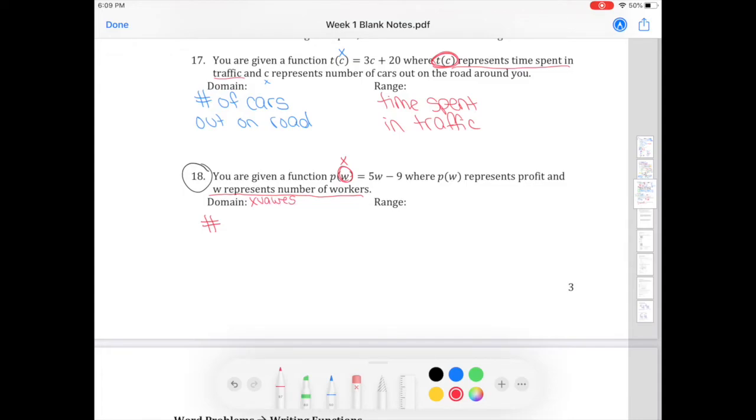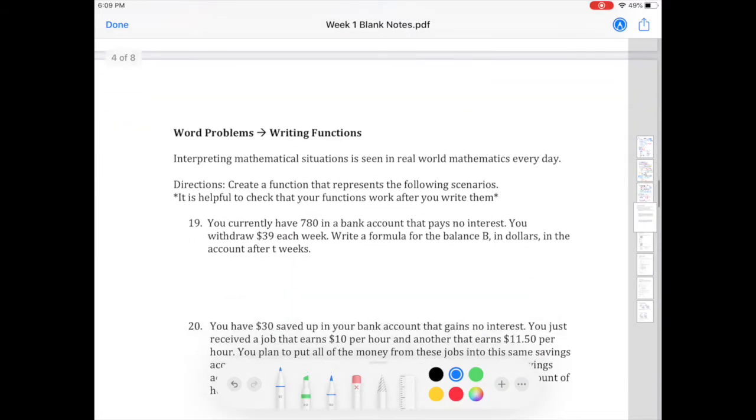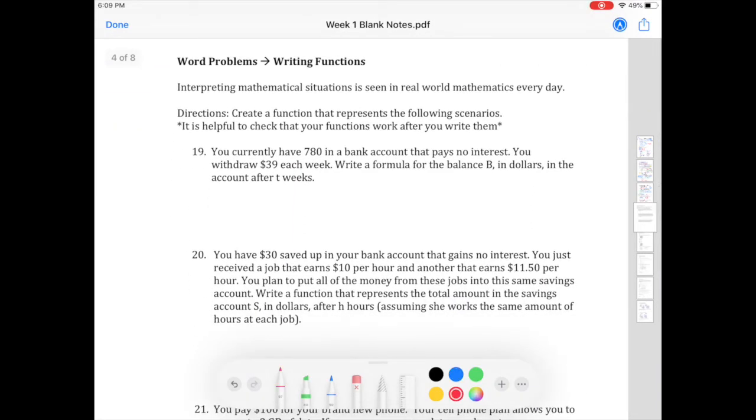And W, being X, represents the number of workers. So your domain, since those are your X values, is going to represent the number of workers. Therefore, making your P of W, which is your range, the profit.